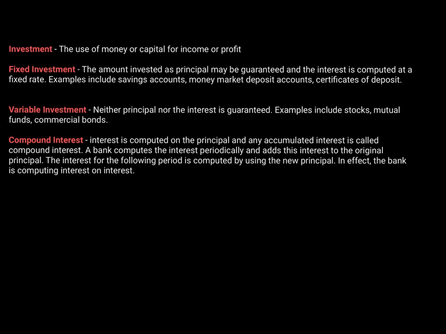But for compound interest, the interest is computed periodically, like maybe daily or quarterly, and this interest is then added to the original principal. This kind of interest is used at most banks for savings accounts, for example.